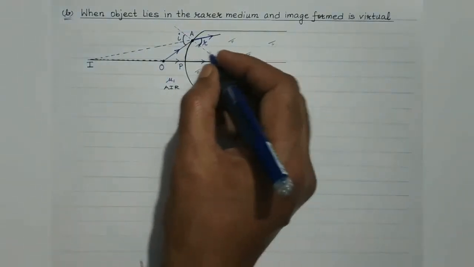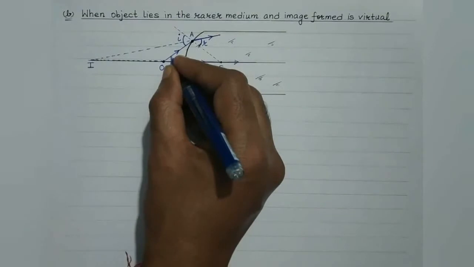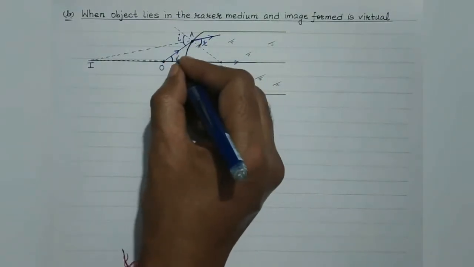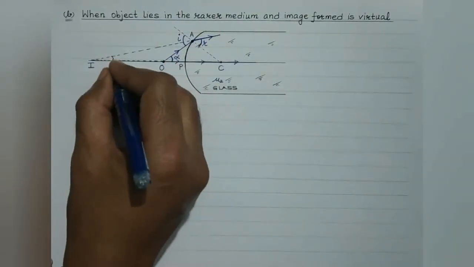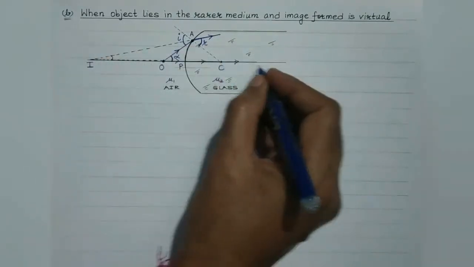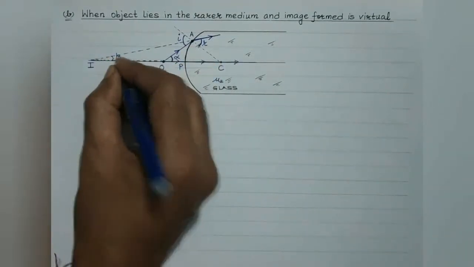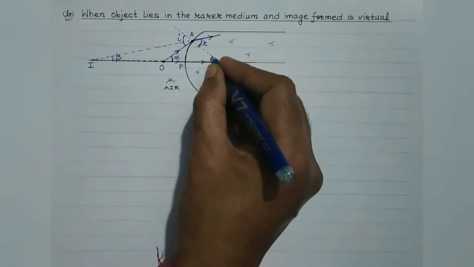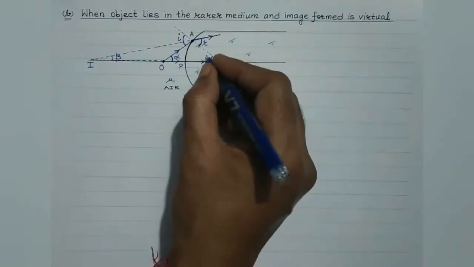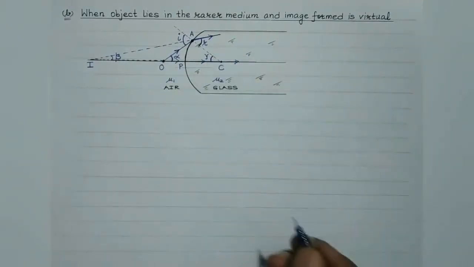Now we have considered alpha to be the angle which the incident ray makes to the principal axis. The angle which the refracted ray makes to the principal axis is considered to be beta. And students, the angle which the normal makes to the principal axis is considered to be gamma, right?